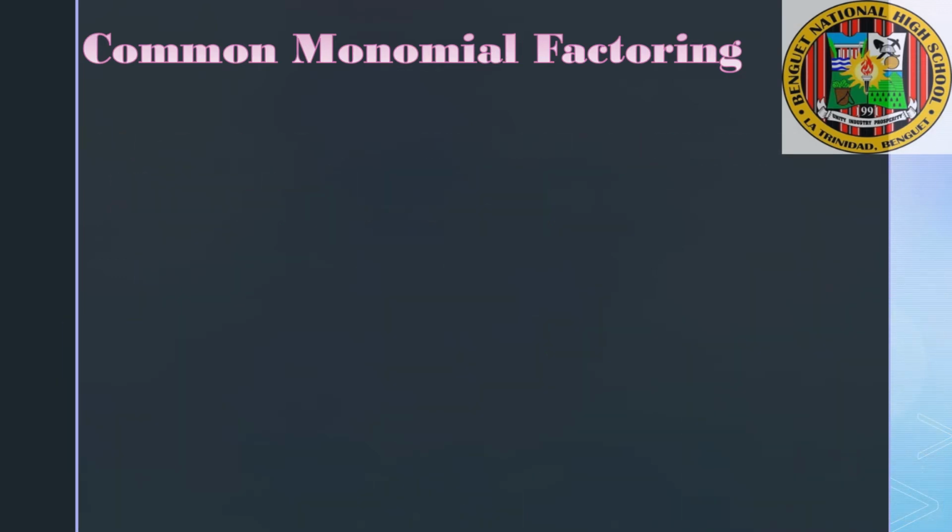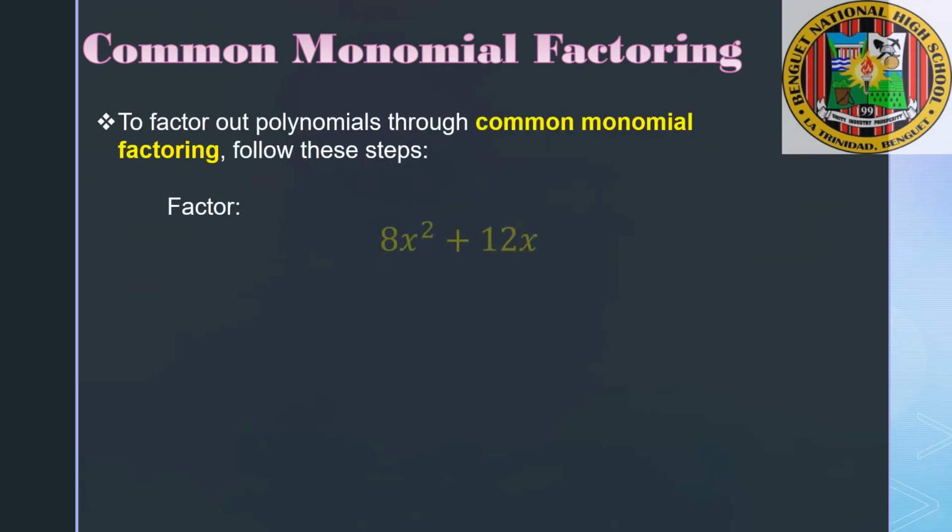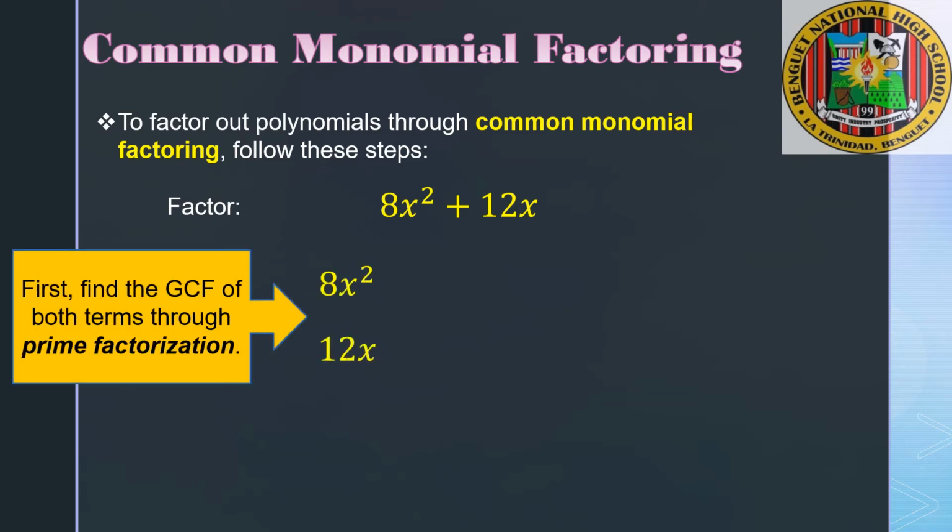Let's take a look at an example. When we factor 8x squared plus 12x using the common monomial factoring, we are going to follow these steps. First, we find the GCF of the terms of the polynomial. Especially for the numerical coefficients, we use the prime factorization, which means we write down the factors of the numerical coefficients using prime numbers.